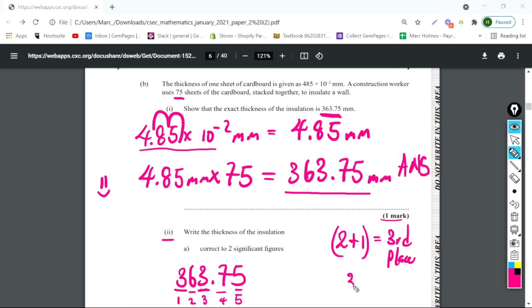We look at this 3rd place, the 3, and say, is it greater than or equal to 5? No, it's not. So we're not going to add a 1 to this 6. We're going to add a 0. So the answer to 2 significant figures would be 360 millimeters. Cool. The 2 significant figures are the 3 and the 6, and the 3 we just change to a 0.